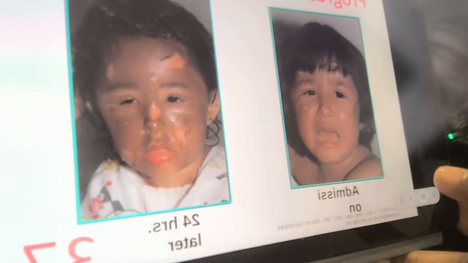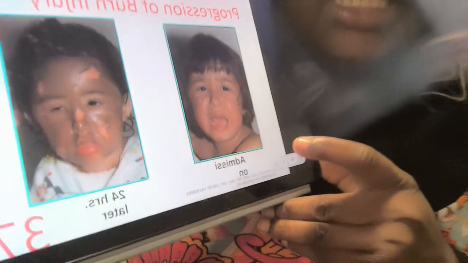And then we have another one. This is an admission for this little girl. Can you really see anything going on here? And then 24 hours later. That is why burns are really serious. If it happened on the face, yes, we have to take it really seriously. And then this is another one. This is on admission.